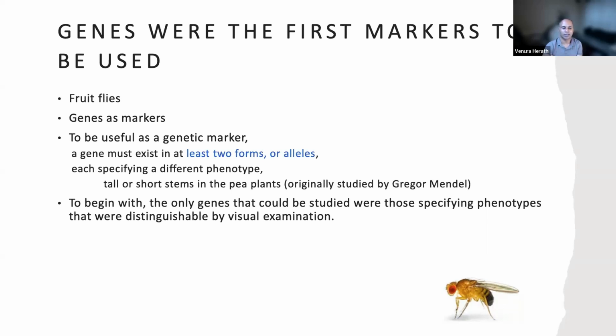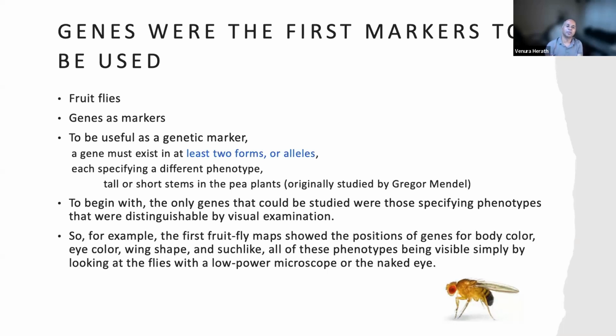This is not as simple as you think. Take the early fruit fly maps: they showed the positions of genes in the genome based on characters like body color, eye color, wing shape, and things like that.